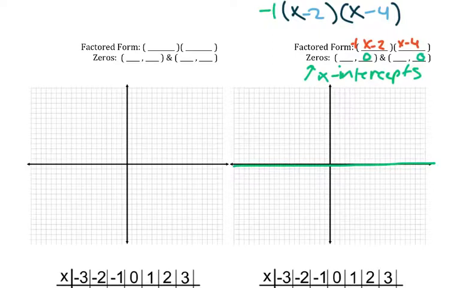It turns out that the opposite of the values that we got in our factors are going to be your X-intercepts. For instance, I see a -2 here, which means that a +2 is going to be one of the zeros. And then a -4 is in the second one, so that means that a +4 is going to be one of our zeros. So (2, 0) is going to be one of our points on this graph, and then (4, 0) is also going to be a point on the graph.